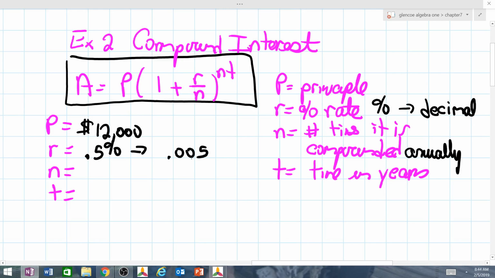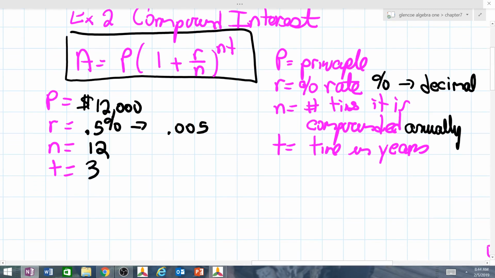N is the number of times that the interest is going to be compounded. It says compounded monthly, so how many times are they going to get interest per year? 12. And they want to know how much money they are going to have in that bank. That's assuming they put $12,000 in, they leave it, they don't add anything, they don't take anything out. After how many years? 3.